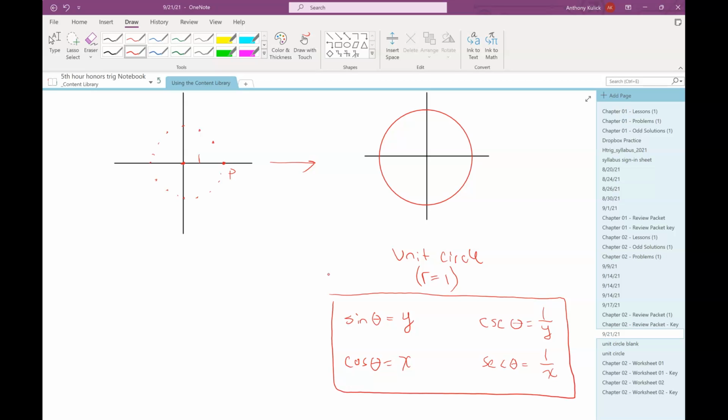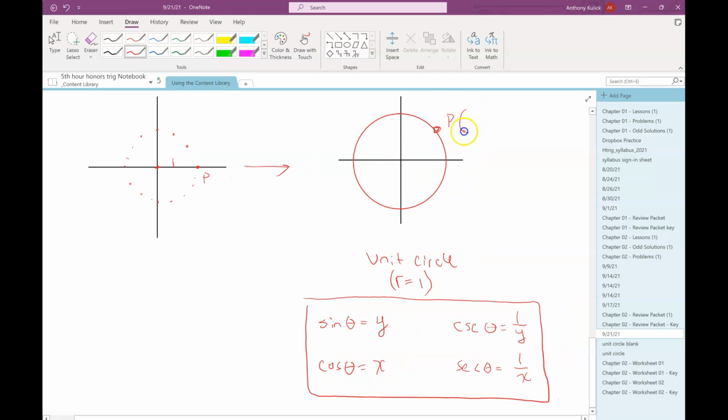So what we're saying is that if I have some point P, this point is cosine theta, comma, sine theta, because the x coordinate should represent cosine and the y coordinate should represent sine.